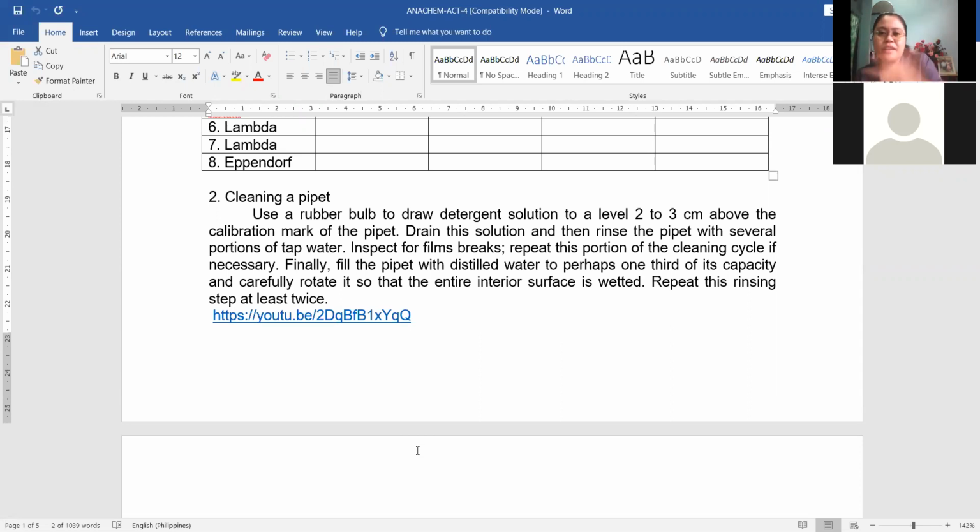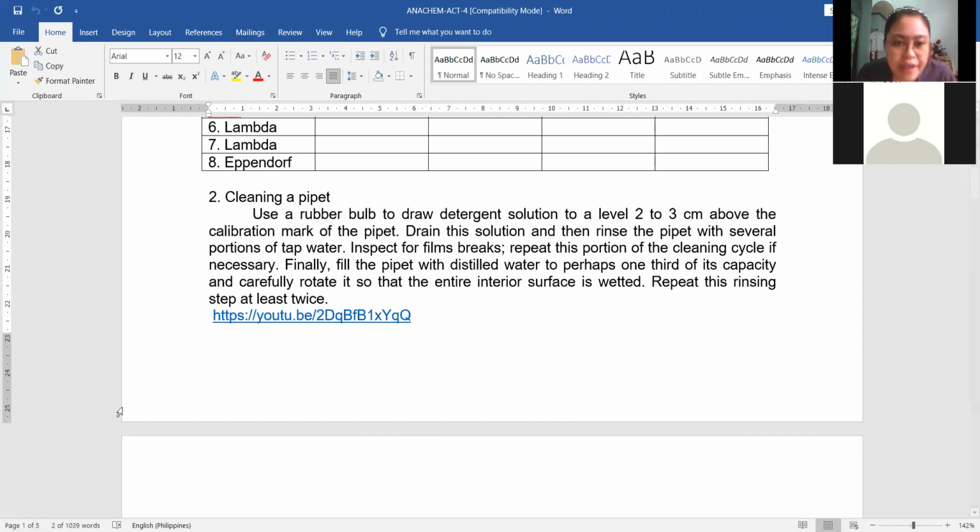And then after ma-expose lahat ng interior surface, we will drain the detergent solution and huhugasan natin ang pipette ng water. So, pwede siya tap water, and then inspect tayo kung meron pa bang mga dumi sa loob, like film breaks, and then i-repeat lang natin yung pag-wash ng tap water. And then the last one will be the distilled water. So detergent solution, tap water, and then we have distilled water.